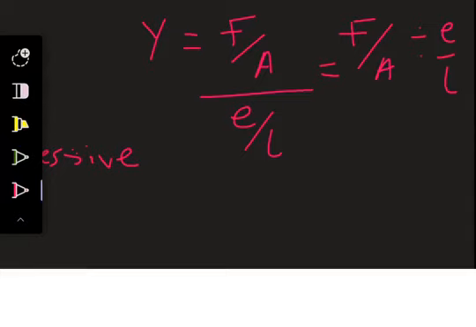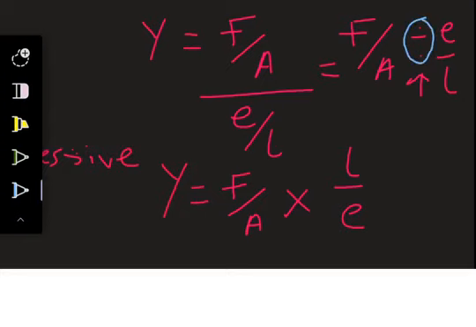For us to convert this division sign to multiplication, we have Young modulus equal to force over area multiplied by length over extension, because we have to invert what we have on the right hand side.